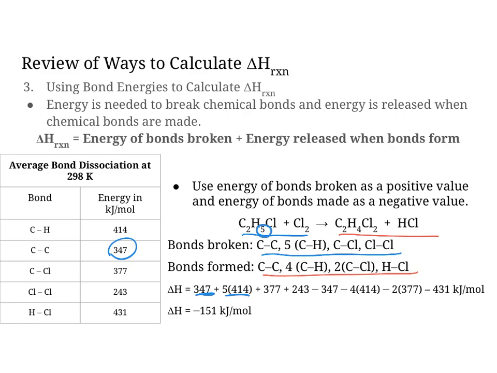And then the 377 for the carbon-chlorine, and then the 243 for the chlorine-chlorine. And then I'm going to subtract that, and really what I should probably do here is put this all in parentheses, like that, and then this all in parentheses, like that. And then I'm going to start adding the energy released. So in this case, we have 347 for the carbon-carbon.